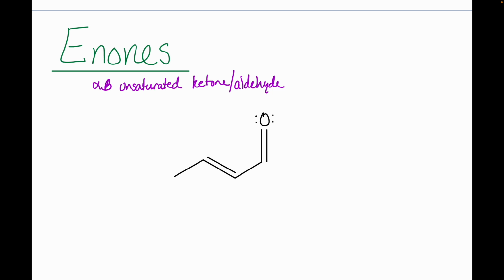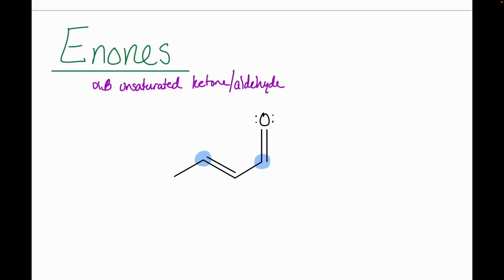What's going to be unique about these enones is they actually have two electrophilic centers to them. One is our normal electrophilic carbonyl carbon. But because of resonance, this beta carbon over here is also left with a lack of electron density. Remember, we had this lettering system for our carbons in our ketones and aldehydes.